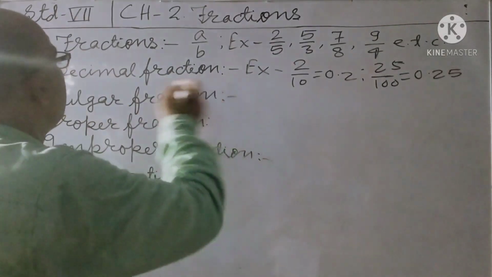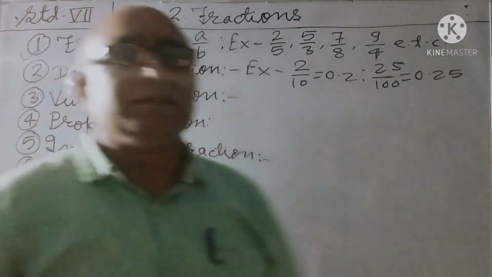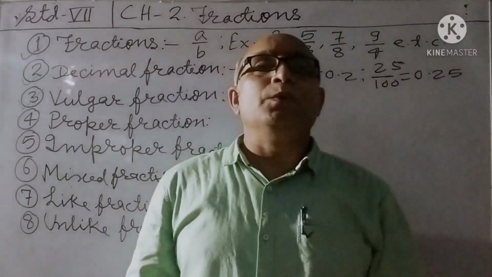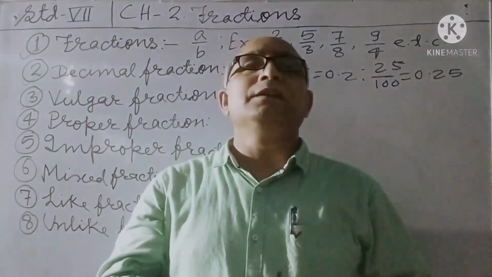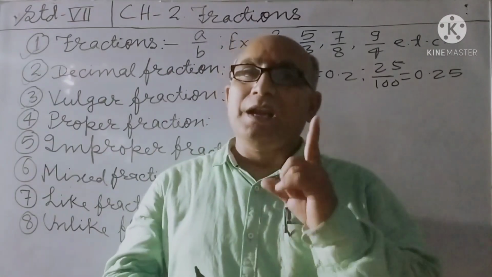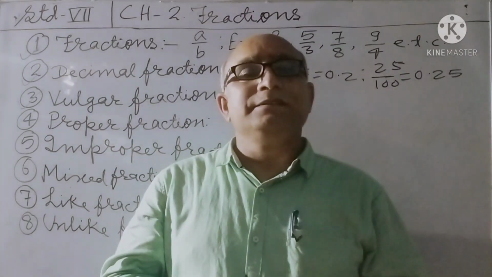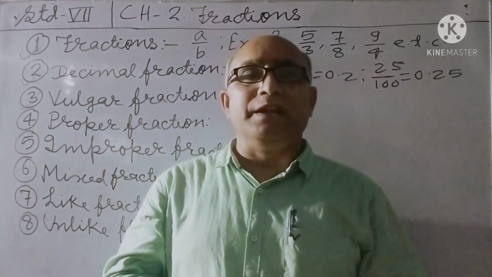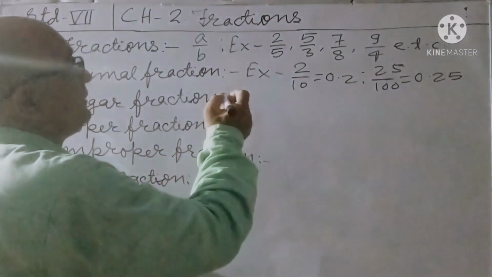Third, vulgar fraction. A fraction whose denominator is a natural number other than 10, 100, 1000, 10,000, etc. is called a vulgar fraction.